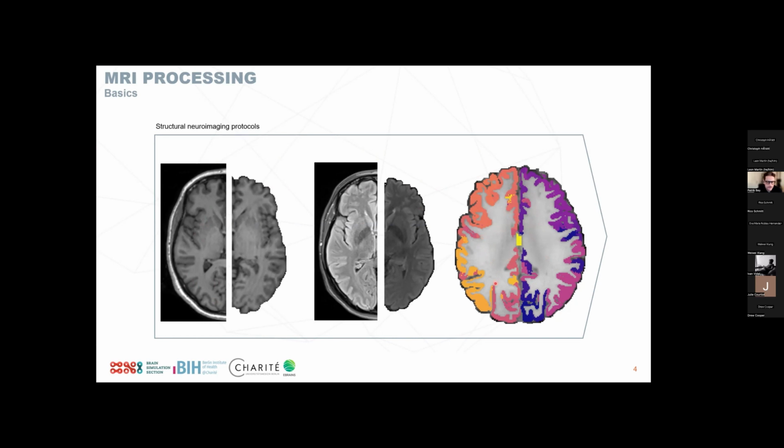This doesn't really matter right now, but we need to get to a point where we get these regions in the first place. And how we do this generally is we start with our structural imaging, our anatomical images of the brain. On the left here, we see a T1 image, and here we see a T2, in particular a so-called FLAIR image, representing the same brain, but having a different focus on the actual properties that we capture.